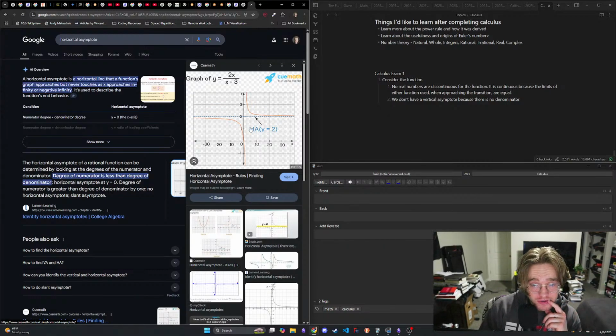So we'll substitute 10 here. So 10 minus 3 is 7. 10 times 2 is 20, so that'd be 20 over 7. Okay. Yep, that's about half there. So it's approaching 2.